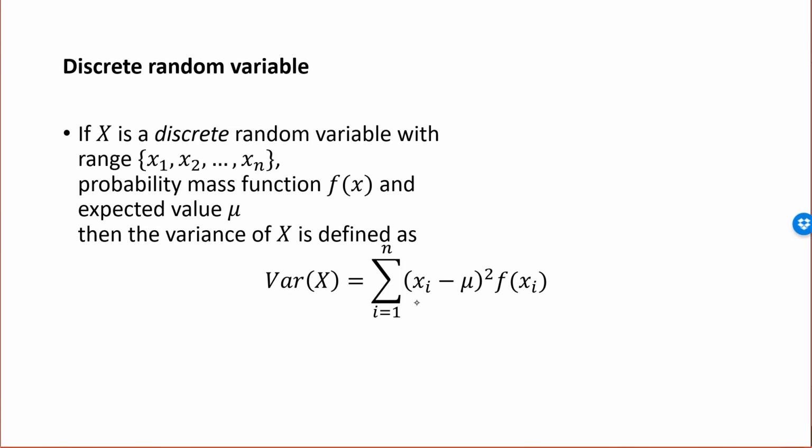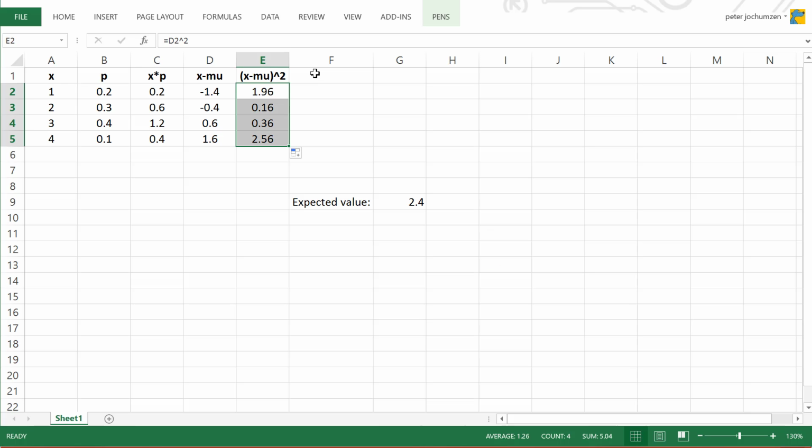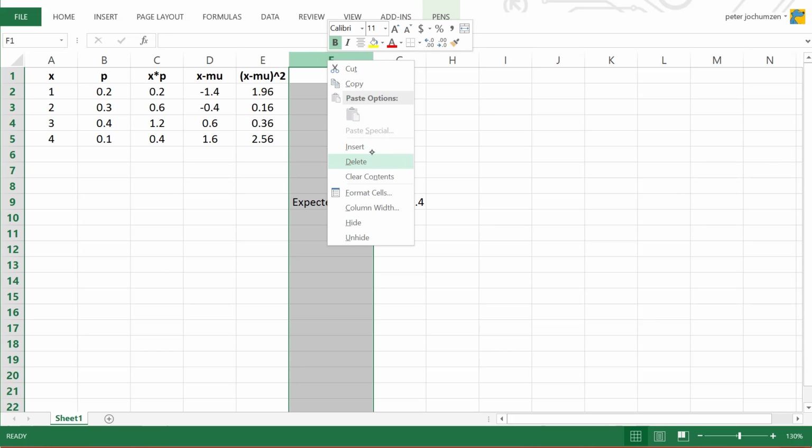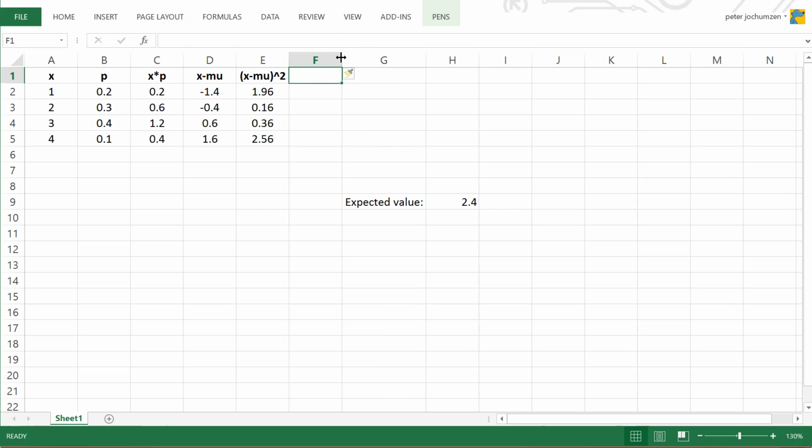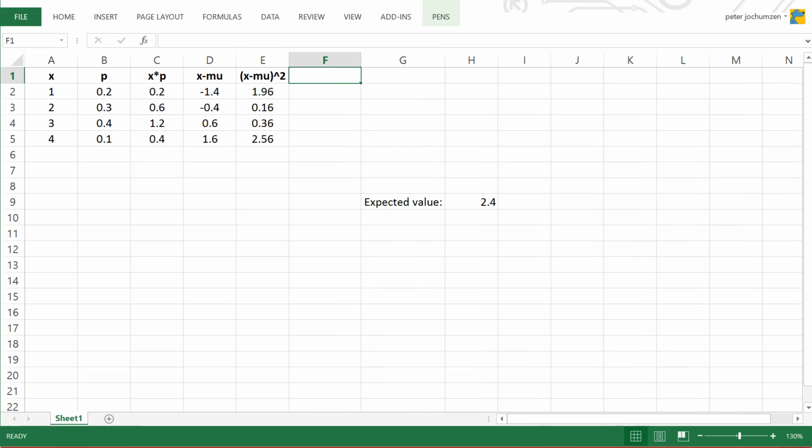And finally, to get the terms in the sum, we need to multiply these squares with the probabilities. So we need to weigh these squares. So we do one more. Let's call it x minus mu squared times the probability.